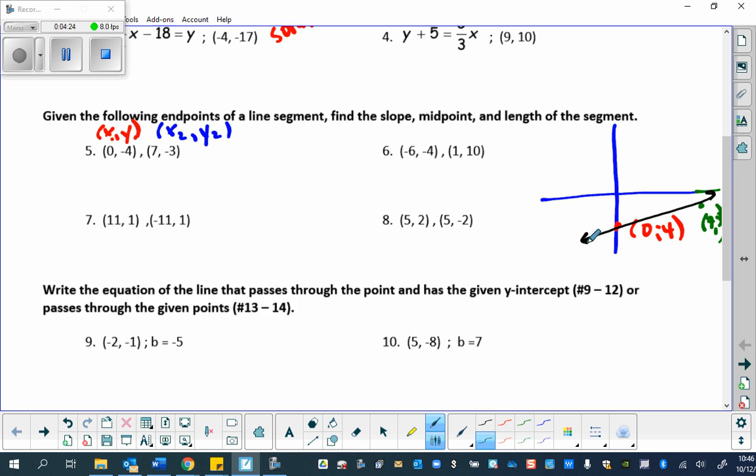We learned that in geometry. And there's 3 things I can talk to you about that line. I could talk to you about the slope. So little baby m is the slope, y2 minus y1 over x2 minus x1. That is my change in my y coordinates compared to the change in my x coordinates.